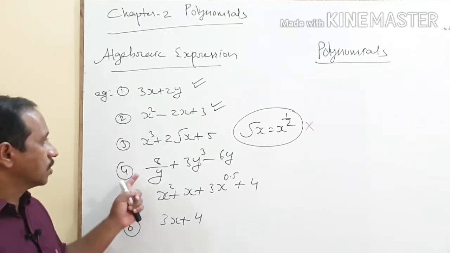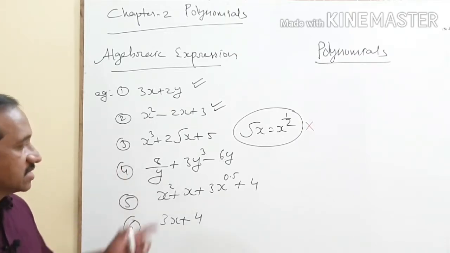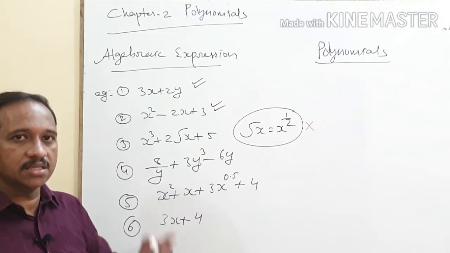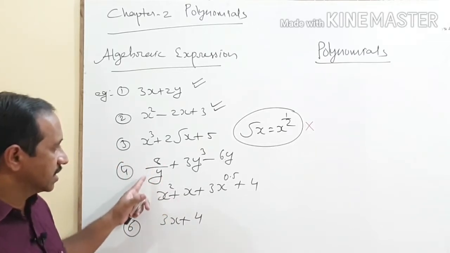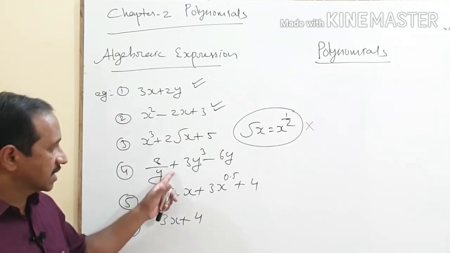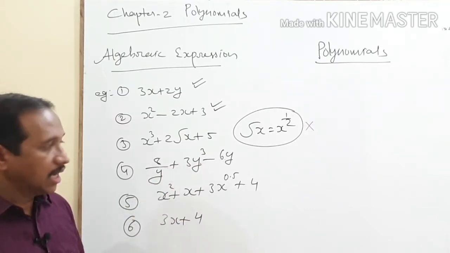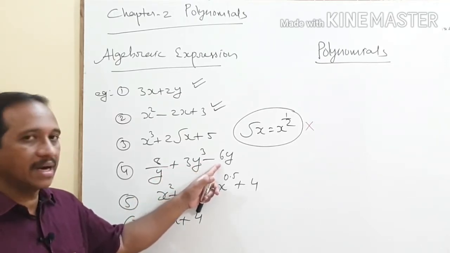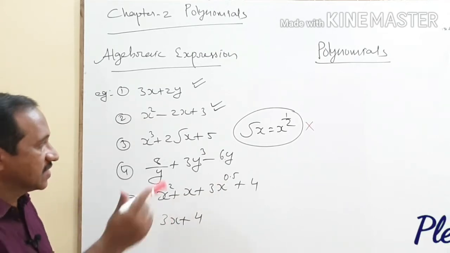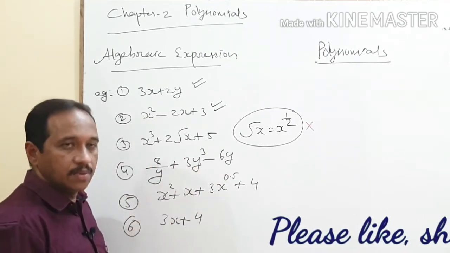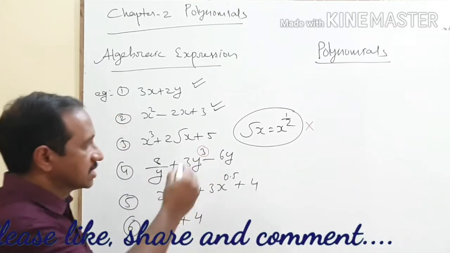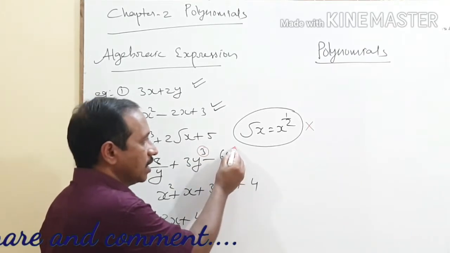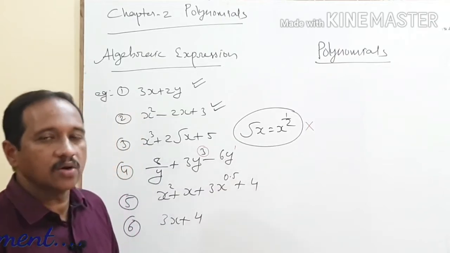Look at the fourth algebraic expression. This is an algebraic expression in only one variable y. In the first term, it is 8 by y. In the second term, it is 3y cube. And in the third term, it is minus 6y. In the second term, the power of the variable y is 3, which is a whole number. In the third term, the power of the variable y is 1, that is also a whole number.